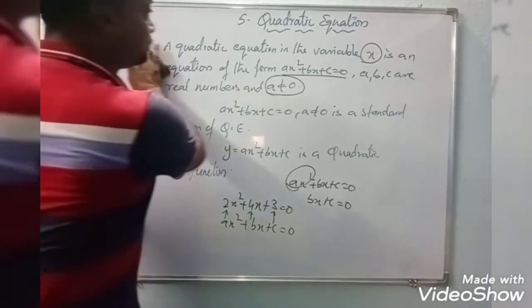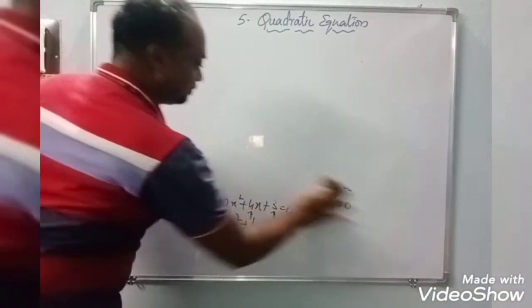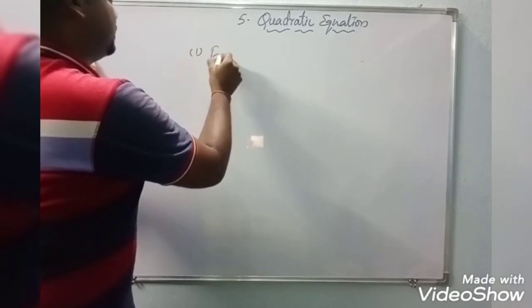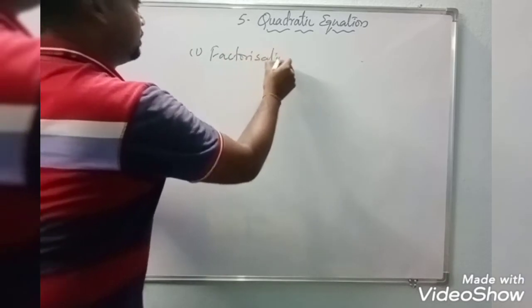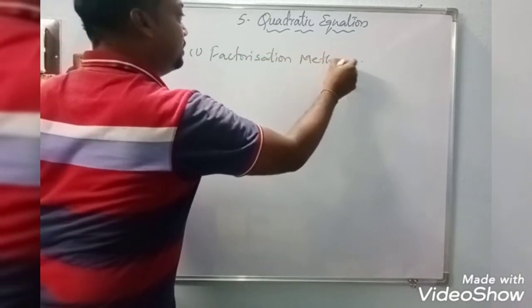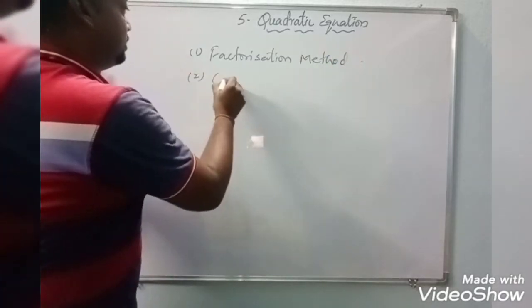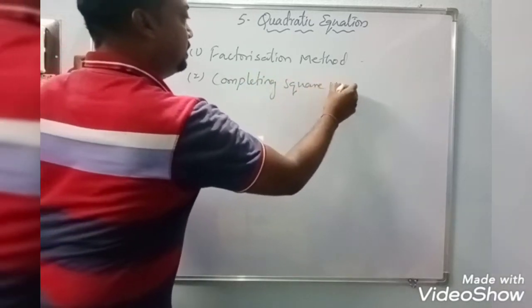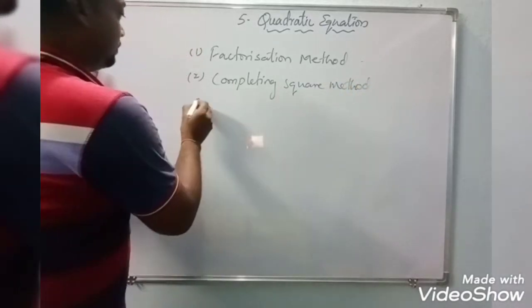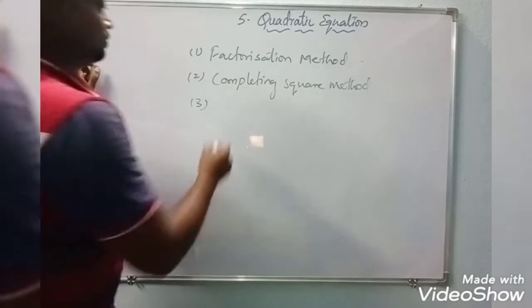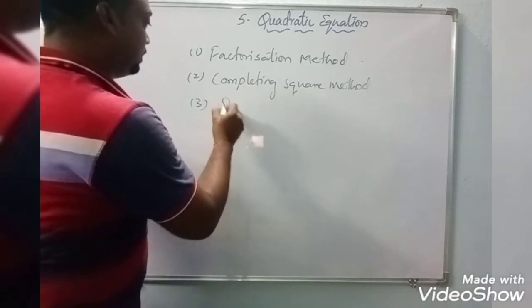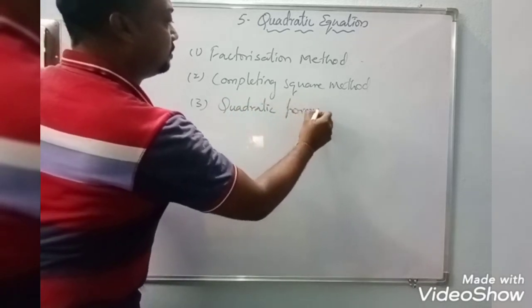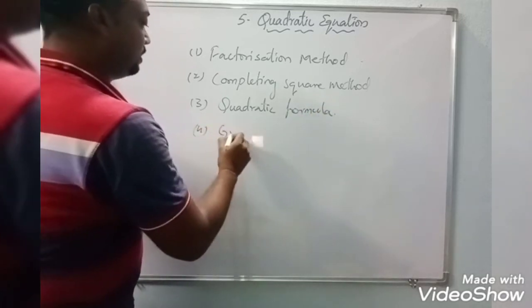The first method is the factorization method, the second one is the completing square method, the third one is using the quadratic formula, and the fourth one is the graphical method.